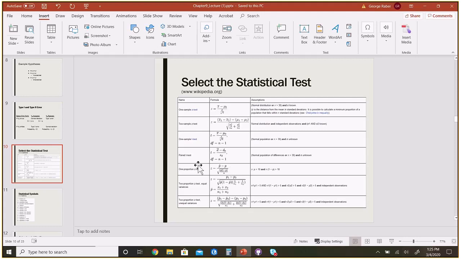Now, for this one there's no tool in Excel or Python, because it looks kind of scary, but it's really not that scary. We're just taking the proportion that we sampled, the sample proportion, minus what we think the real proportion should be. A simple version of this is that we would flip a coin 100 times, and if we got 80 heads and 20 tails, we could think, whoa, that's weird.